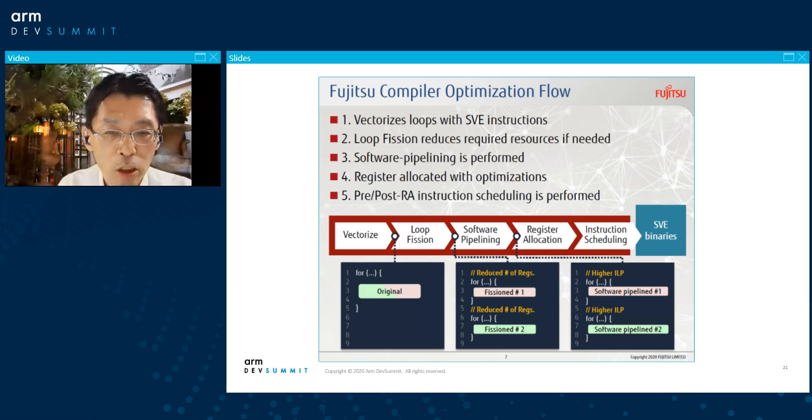In this figure, below the center of the figure, the single loop is divided into 2 loops. The third stage is software pipelining. The fourth stage is register allocation with optimization. And finally, in the fifth stage, pre and post instruction scheduling is performed.